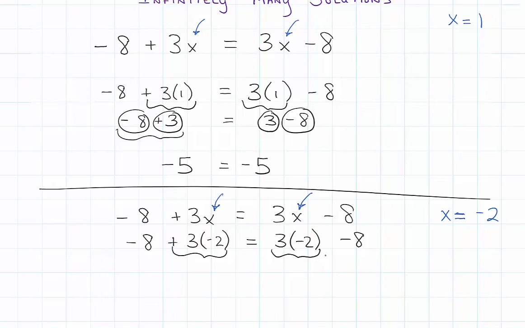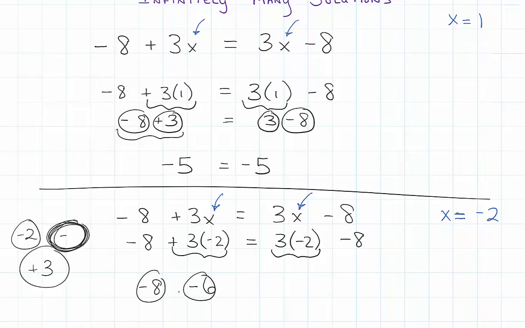Well, when I multiply a positive times a negative, remember Mickey Mouse, my positive is 3, my negative is 2, so my answer has to be negative, and 3 times 2 is 6. So I end up with negative 6 and negative 8 as my two numbers on the left side.